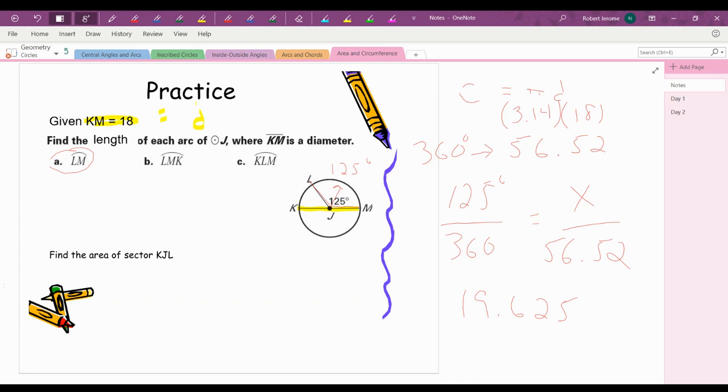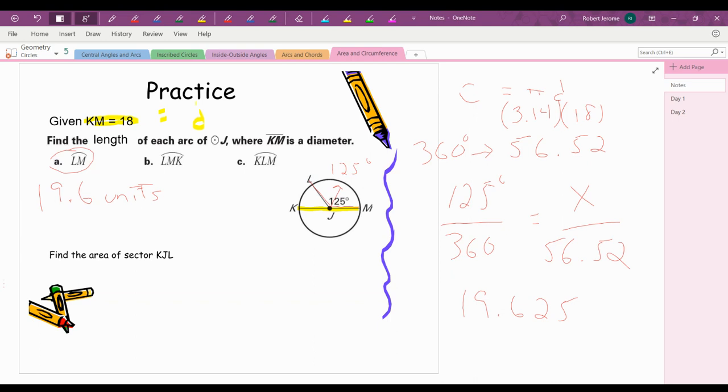We would follow any directions that we were given, round to the tenth or the hundredth or whatever it might be. So I might say our answer is 19.6 if we were rounding to the tenths, units, whatever those units are. So that's how we're going to find the length of that arc.